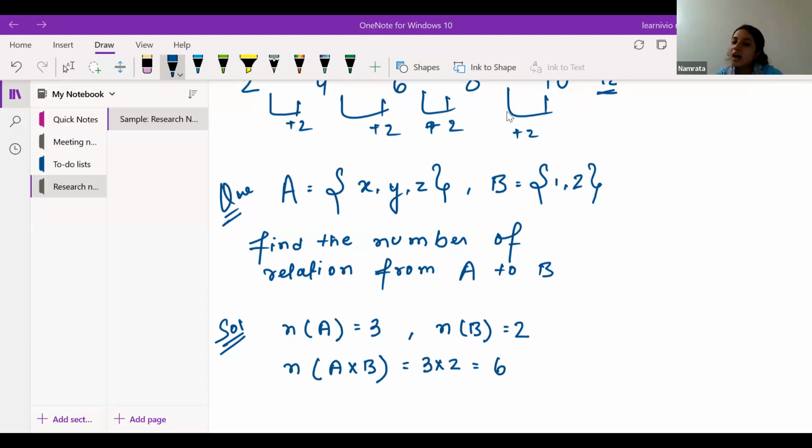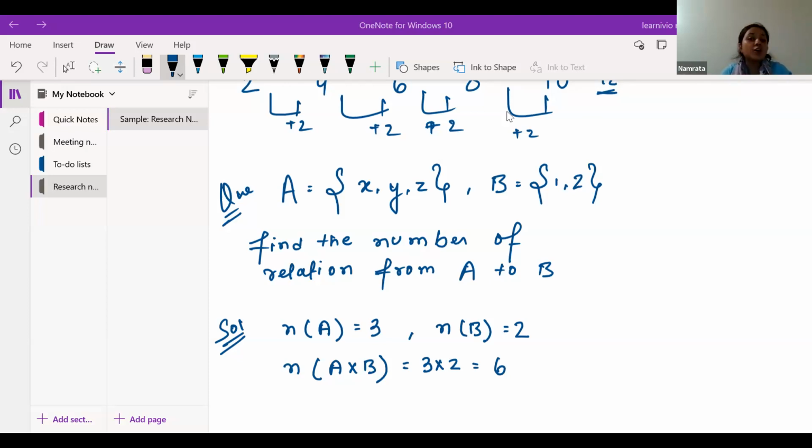Yes, you both are on the right track, but this is not the final answer. So the number of elements in the Cartesian product, when we list down all the elements like x with 1, x with 2, y with 1, y with 2, there will be 6 elements. But how many relations can be made?